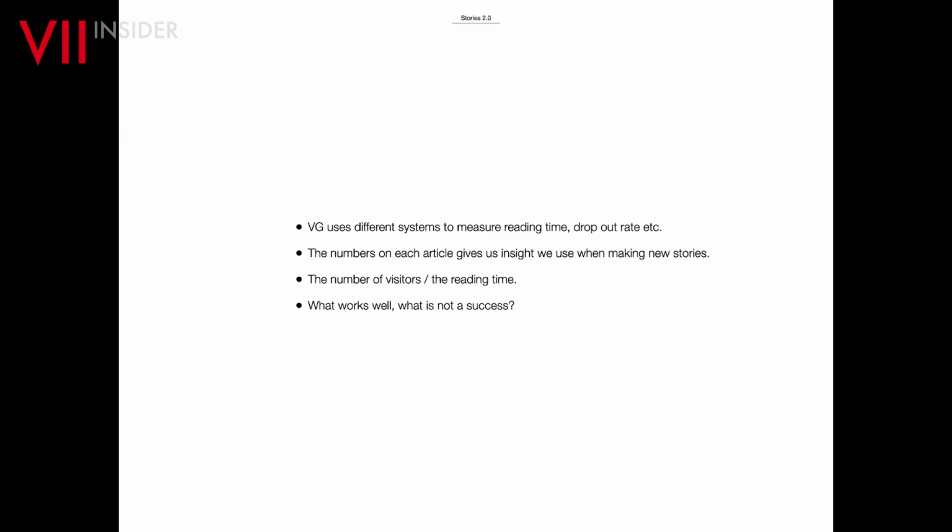And that's also interesting. We don't use the reading numbers as the only guide to how we should make stories, because that could be scary, I think. But we use it because it's interesting to find out, is this something that works for the reader, or is this something that's just a pain in the ass for the reader?